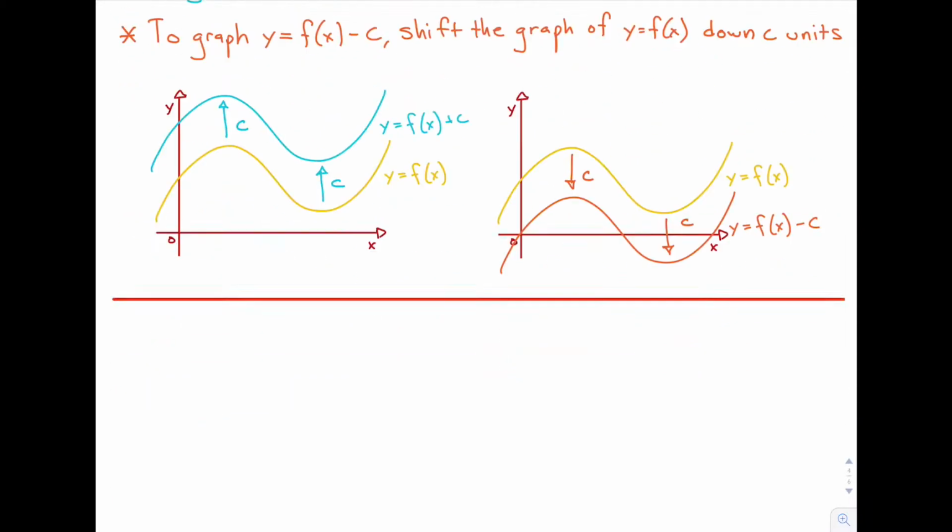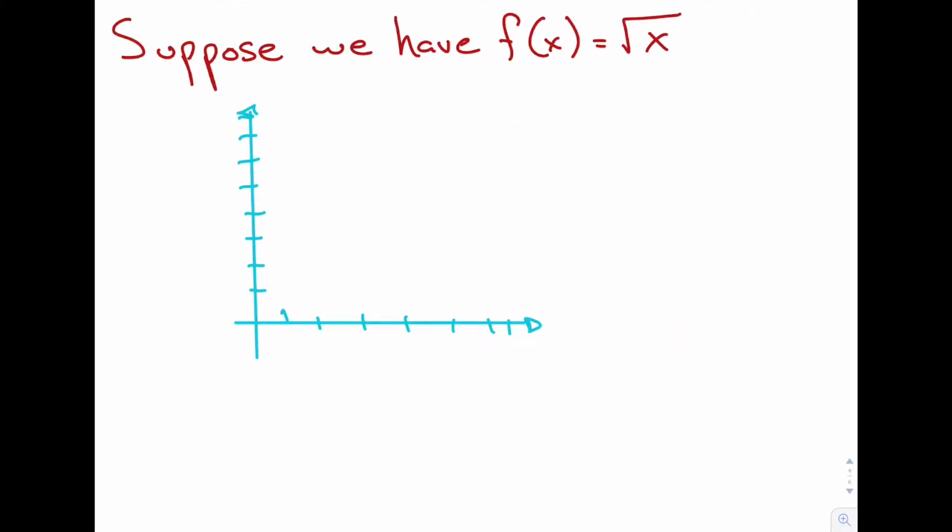Moving on. So again, let's suppose that we have f of x equals the square root of x, because this is a pretty good function to visualize what's happening when we're doing shift and translation. So again, we have the coordinates 0, 0, we have 1, 1, 4, 2, and our graph looks something like that.